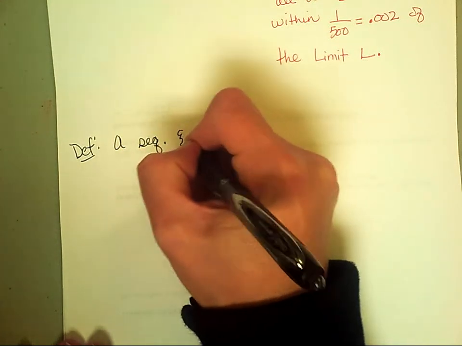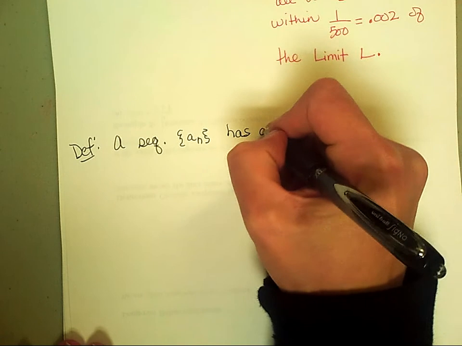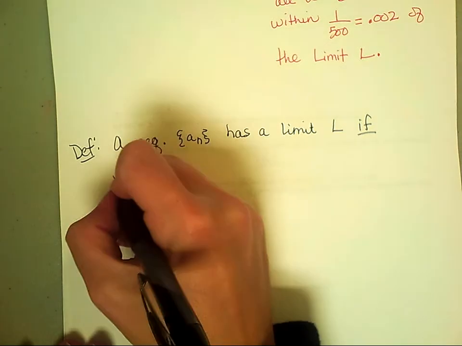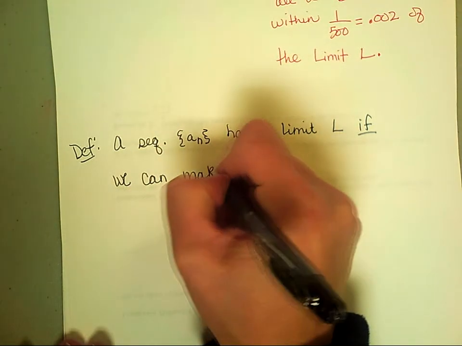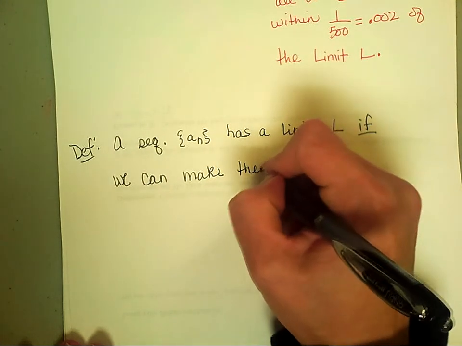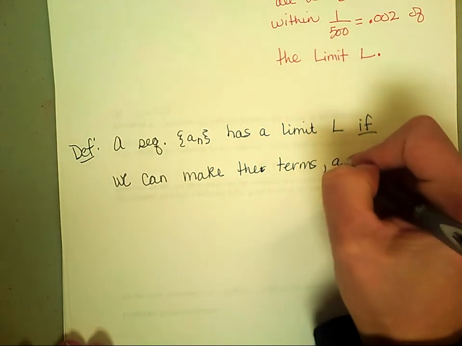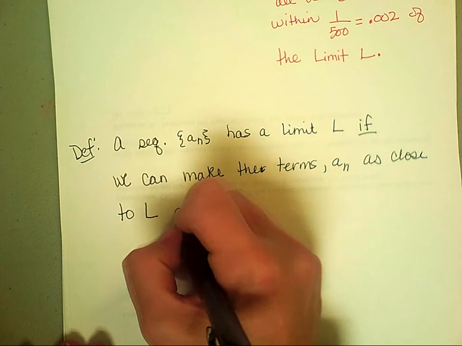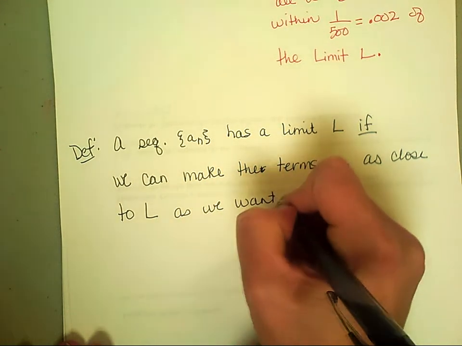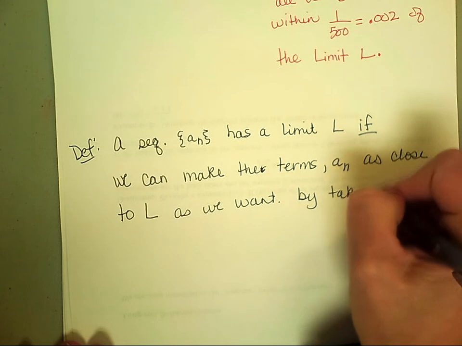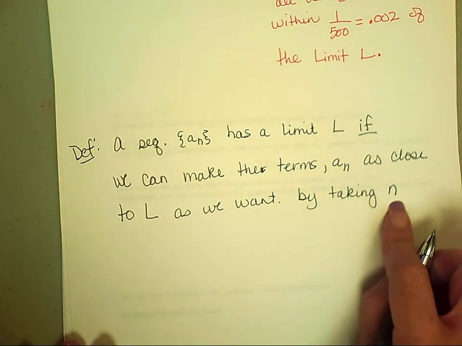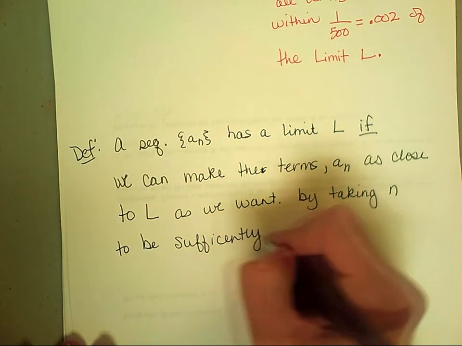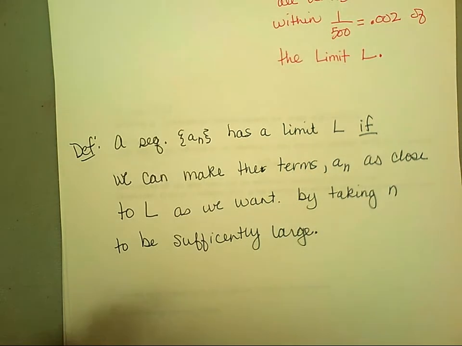A sequence a sub n has a limit, we'll call it L, if we can make the terms, and remember the terms are the a sub n's, as close to that limit as we want by taking n, whatever n we pick, to be sufficiently large.